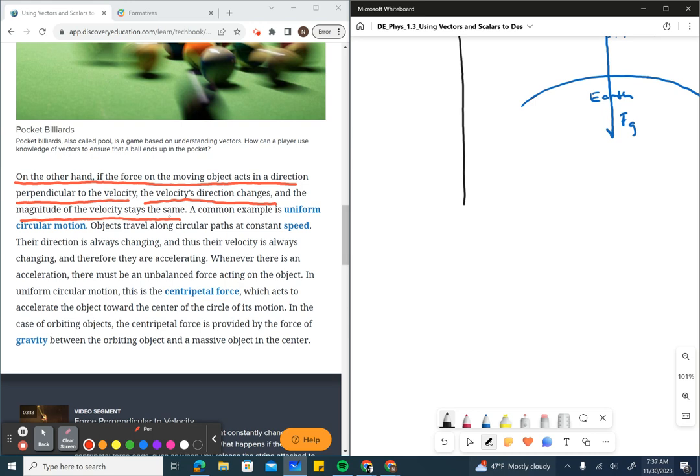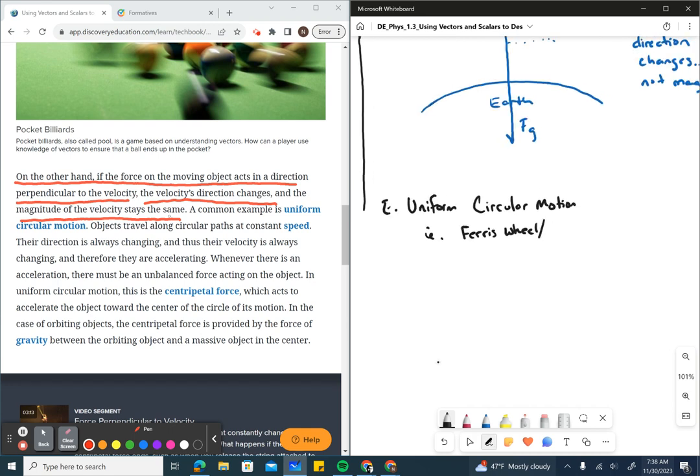Okay, so this opened us up to the ideas of uniform circular motion. You could think of a Ferris wheel, or you could even think of a carousel.